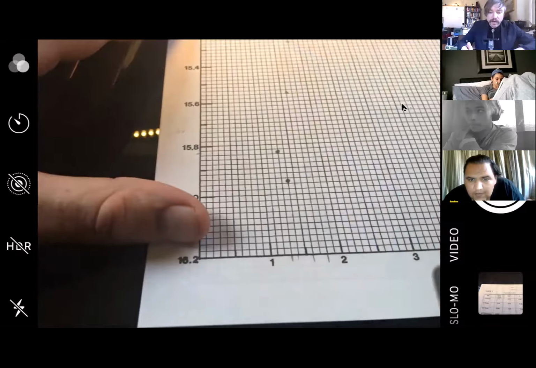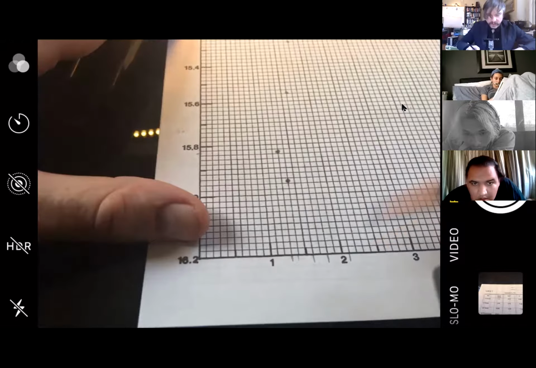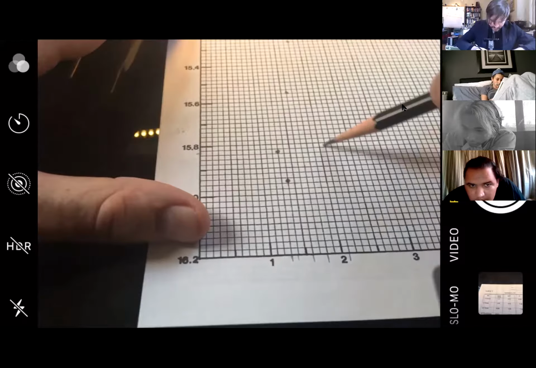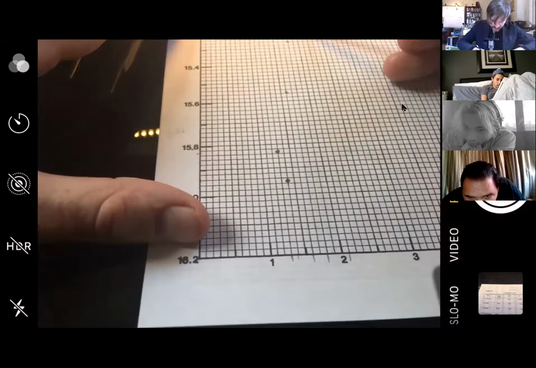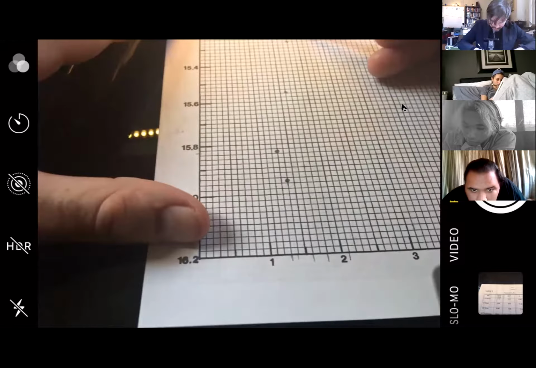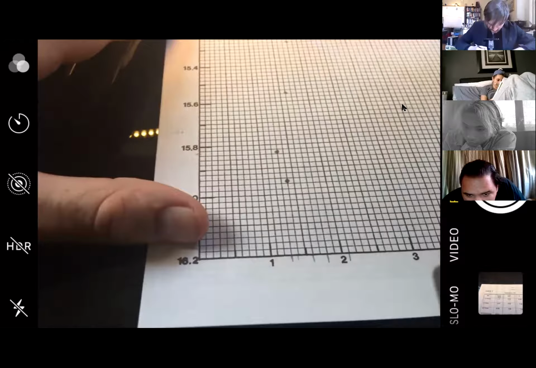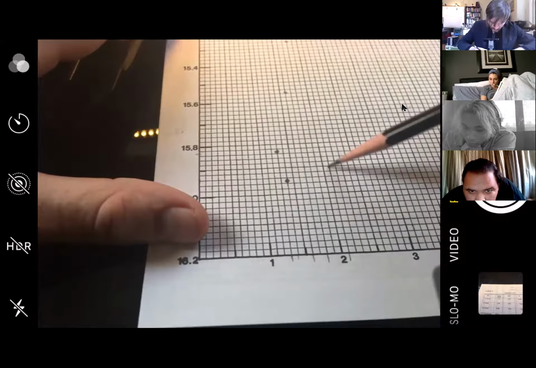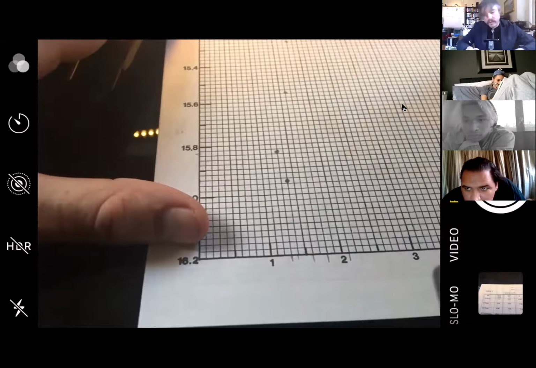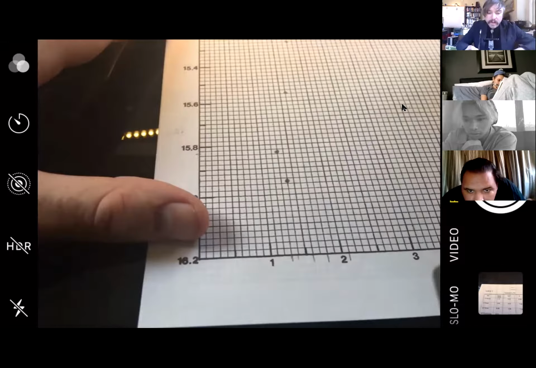Okay. 2.2 is next. 2.2 is right there. 15.20 is right on the line. Easy peasy. Don't drift. Okay, I didn't drift. 2.3 and 15.23.